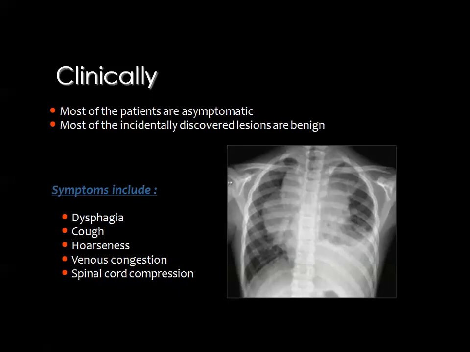We said that most of the patients with mediastinal masses are usually asymptomatic, and a good percentage of these mediastinal lesions are discovered incidentally, and they are largely on the benign side. The symptoms of a mediastinal space-occupying lesion will include compressive symptoms related to compression of the esophagus, compression of the trachea, compression of the laryngeal nerve, compression of the veins, and compression of the spinal cord.